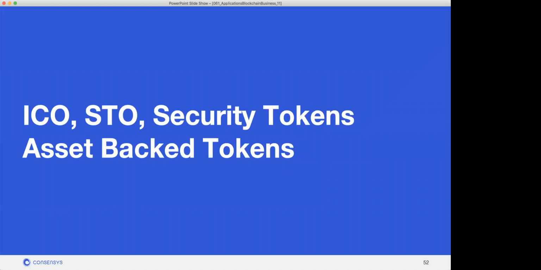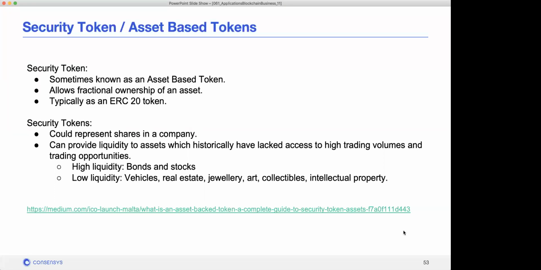Okay, ICOs, STOs, etc. A security token is sometimes known as an asset-based token, and allows you to do fractional ownership of an asset. Typically you have it as an ERC20 token. It could represent shares in a company, and it could provide liquidity to assets which historically have lacked access to trading opportunities.